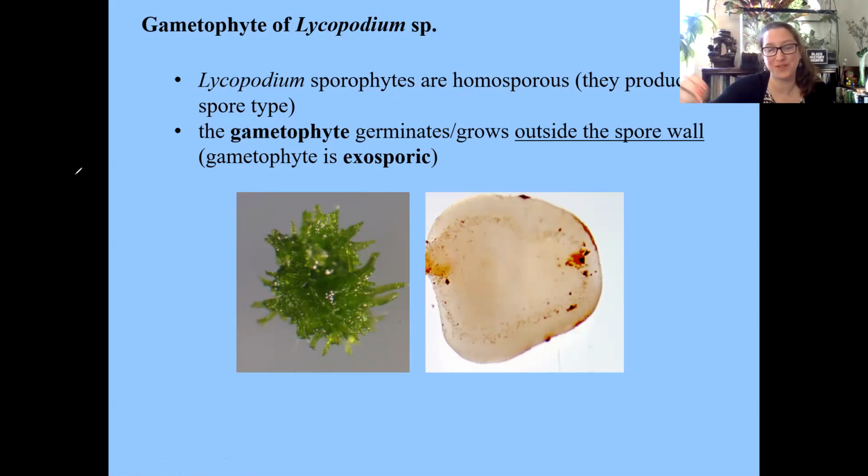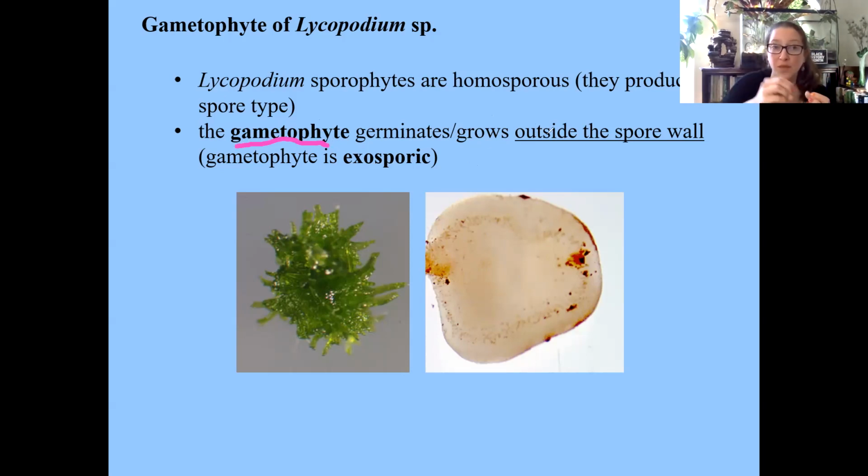Lycopodium, homosporous spores, one spore type. When you have a single type of spore, it's like we've already talked about. When the spore lands on the ground, it's going to germinate and grow into a gametophyte plant.